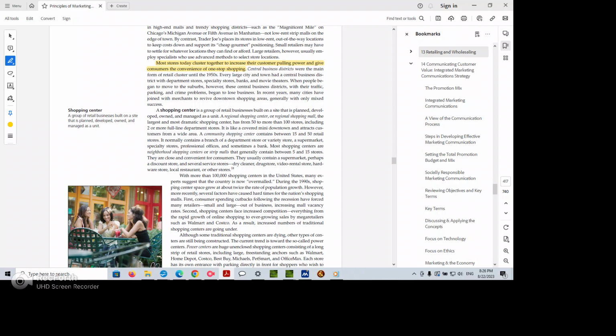When people began to move to the suburbs, however, those central business districts, with their traffic, parking, and crime problems, began to lose business. Okay? So it's good in the beginning until it becomes either saturated or there become other social, legal, or political issues, mostly social and legal issues.